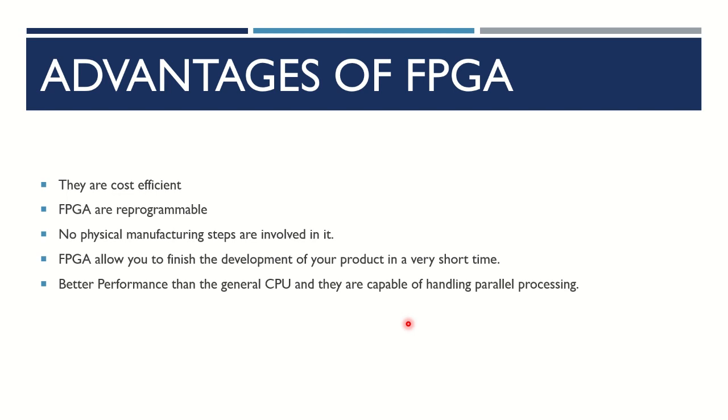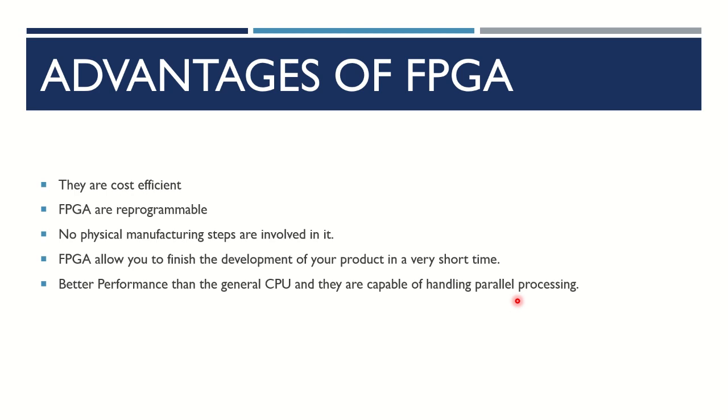Advantages of FPGA: they are cost efficient and reprogrammable. No physical manufacturing steps are involved. FPGAs allow you to finish the development of your product in a very short time, and they have better performance than a general CPU and are capable of handling parallel processing.